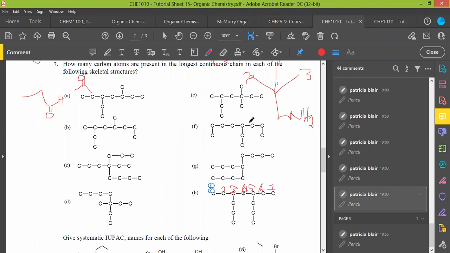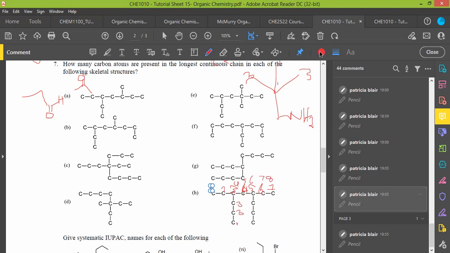That is one alternative. Or you can say you have 1, 2, 3, and then this becomes 4, 5, 6, 7, 8.